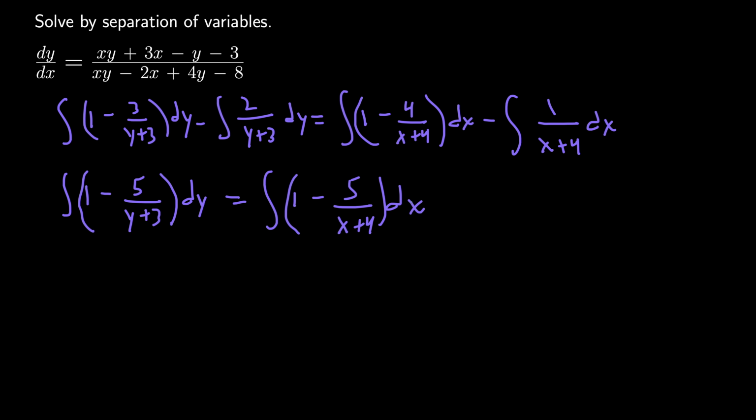And now we'll integrate this. As you can see, it is easier than what we had before with the y over y plus 3 and the x over x plus 4, because now we can just use the integral of du over u, which is the natural log of u.